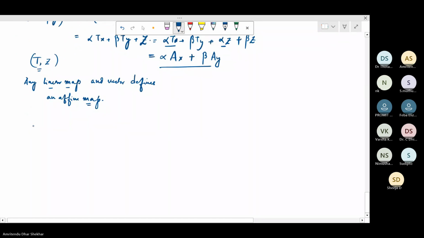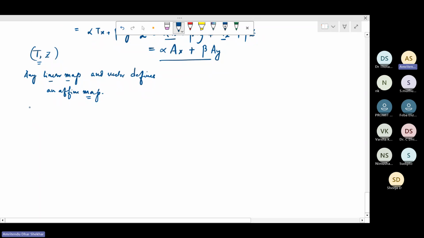Let's say you have a map A from Rn to R, which is given by this.